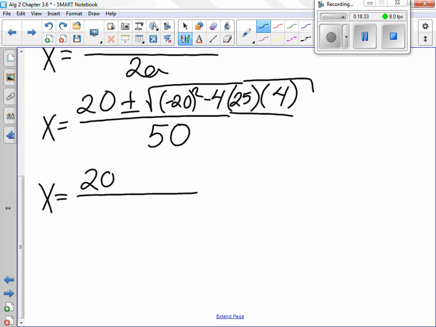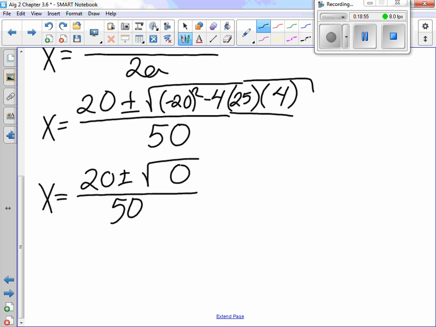Now that we have that, we need to simplify everything inside of the square root. So we need to find out what negative 20 in parentheses squared minus 4 times 25 times 4 is. We get 0.